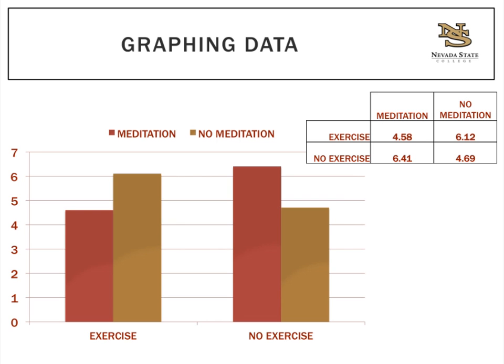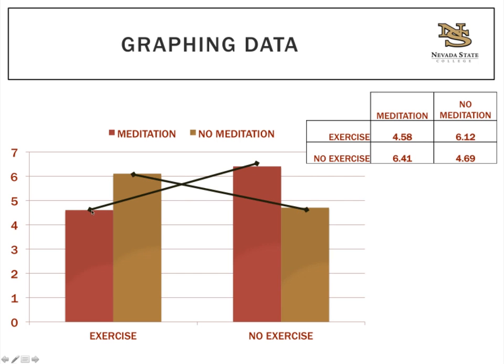Now let's look at the interaction. So we're going to see if the lines cross. So let's make a line of the change in sleep quality for exercise versus no exercise in the meditation group versus the no meditation group.